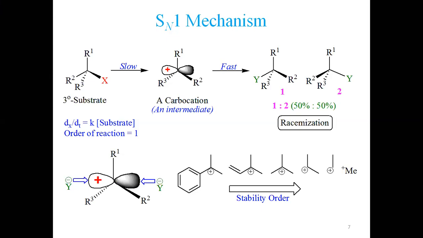So it is very important to understand that these reactions are in fact proceeding via two steps. The first step is slow, involving only the substrate but no nucleophile. That's why it is first order with respect to substrate and zero order with respect to reagent. So that's why the overall order of reaction is first.